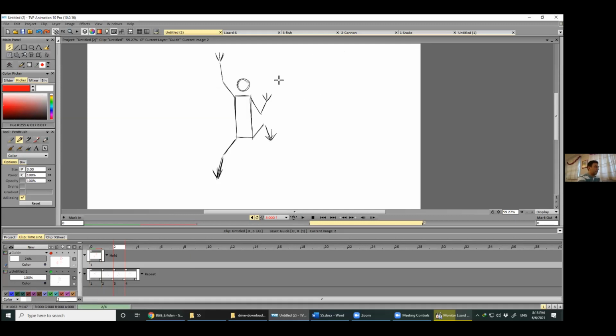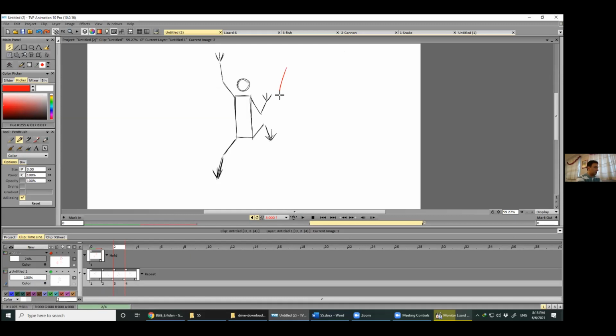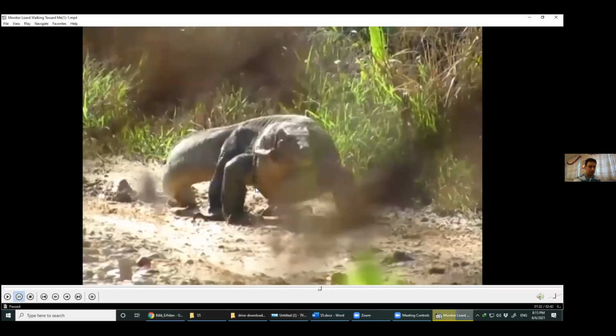As you see here, the right legs are getting close together. And here, the right legs are getting close together, as you see.